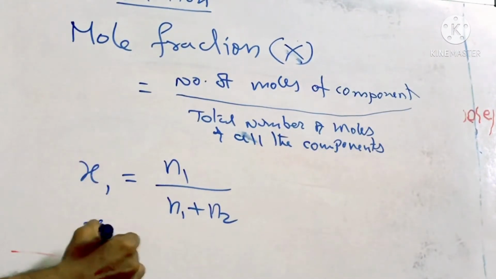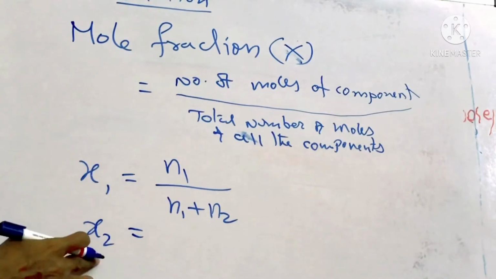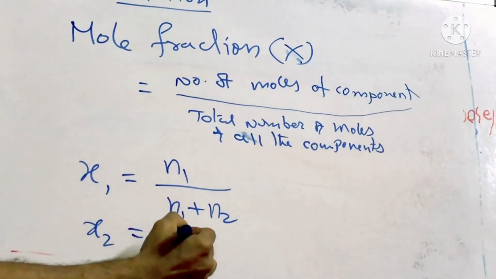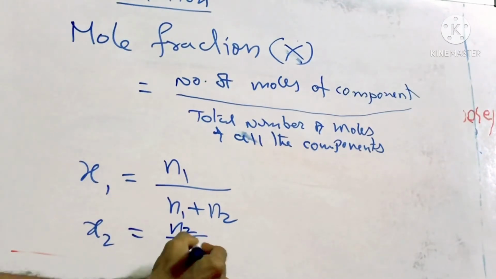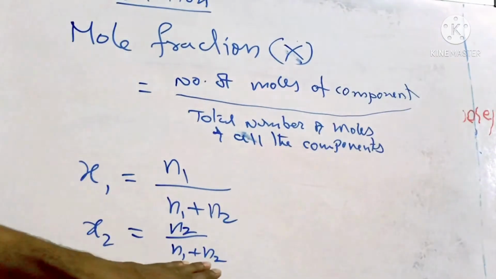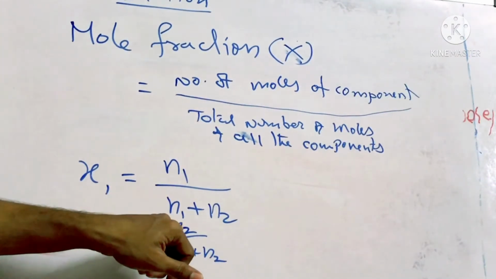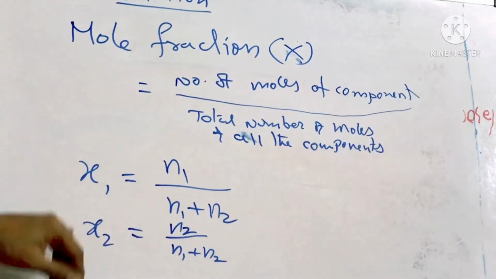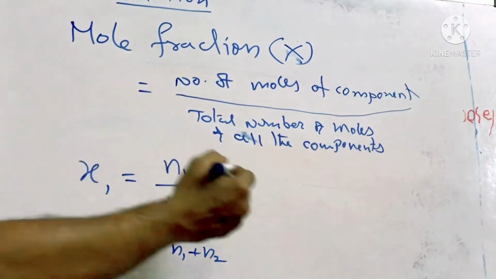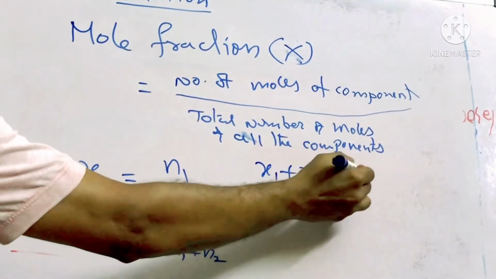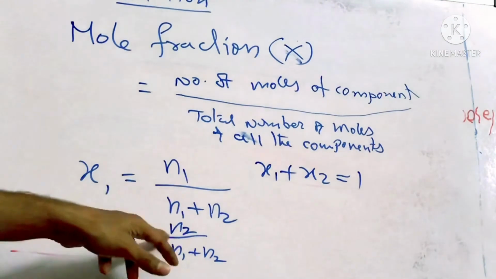If I want the mole fraction of the solvent, that is the second component, then this becomes n2 by n1 plus n2. Clear? So the particular component's moles over the total number of moles of the components gives a fraction. This is called mole fraction. The total mole fraction, x1 plus x2, becomes 1. If you add up these two, you will get 1.